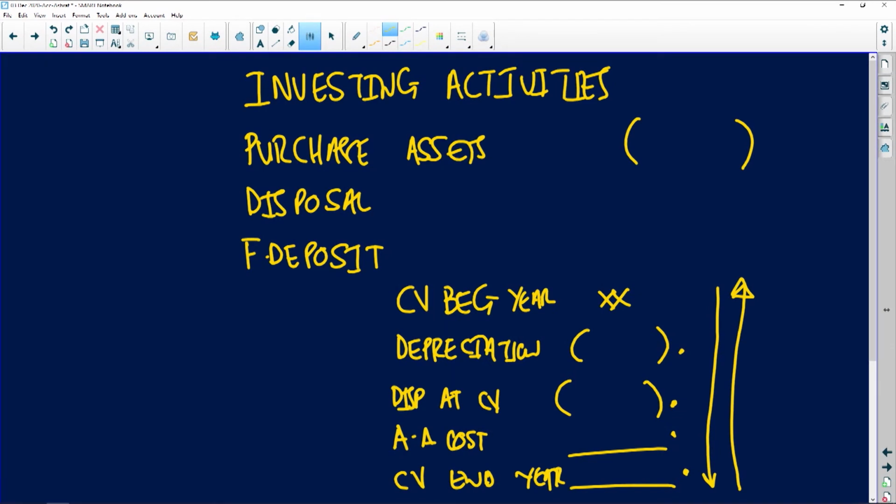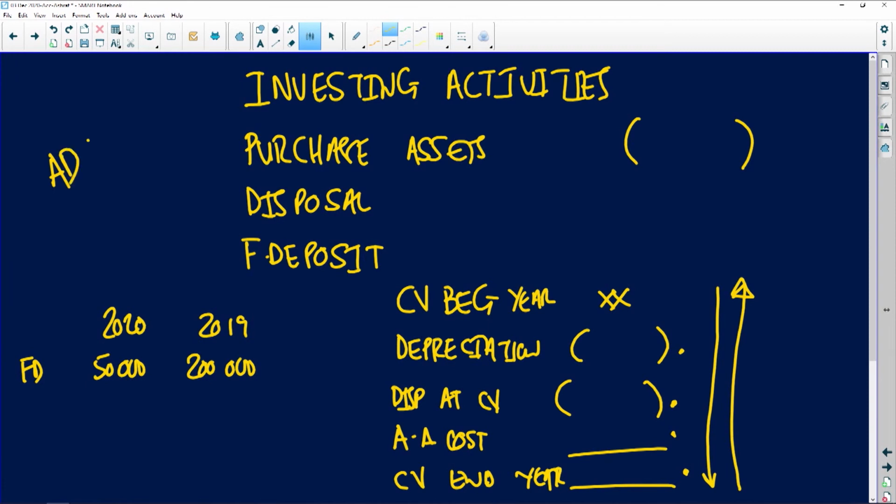Now you look at your fixed deposit, and your fixed deposit is a straightforward comparison. What do we do? Watch here, 2020, 2019, your fixed deposit was 200,000, is now 50,000, right? Immediately you apply the rule that we spoke about earlier on. Which one?